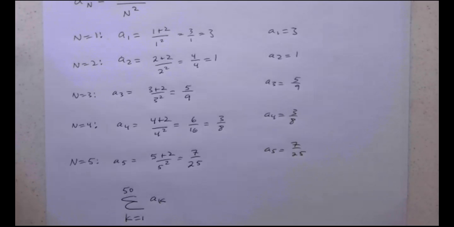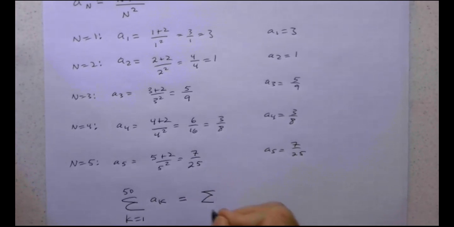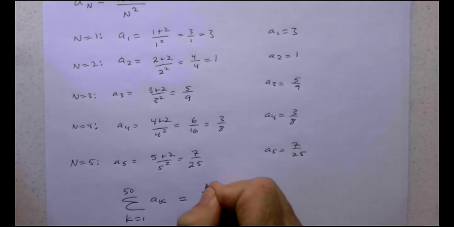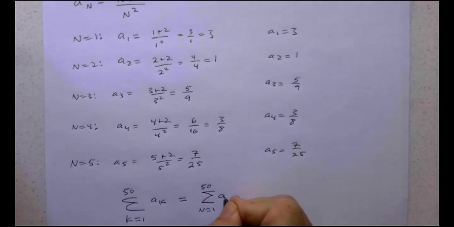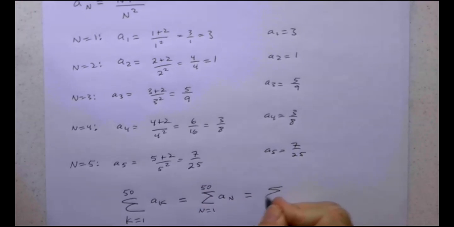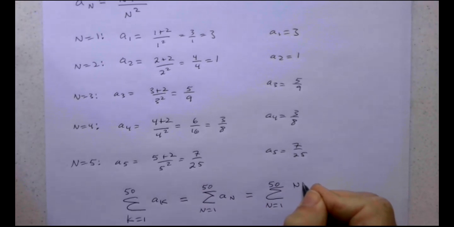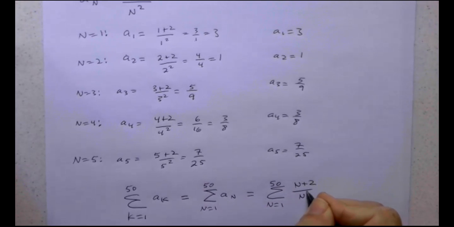Sum as k goes from 1 to 50 of a sub k, or maybe better yet, the sum as n goes from 1 to 50, using our same notation, and this is better notation for our graphing calculator, which will be the sum as n goes from 1 to 50 of n plus 2 over n squared. You want to be comfortable going back and forth between k's and n's, depending on textbooks, depending on approaches. Those are the two letters most often used.